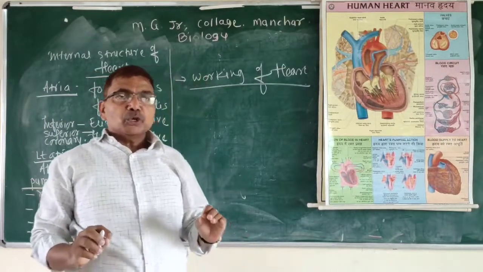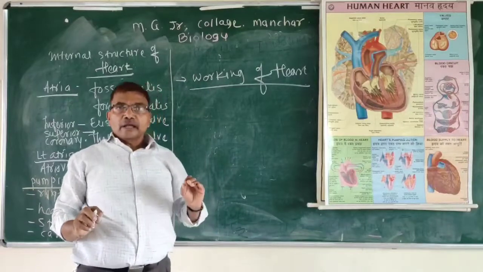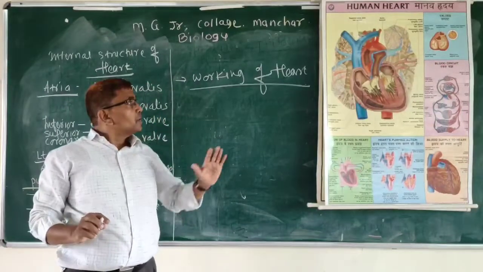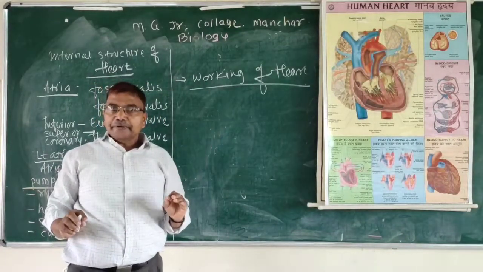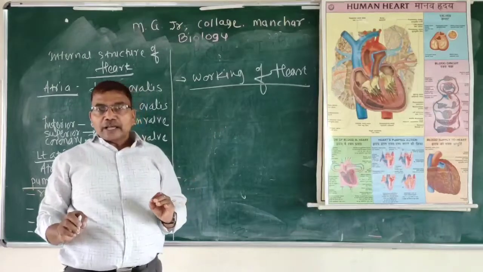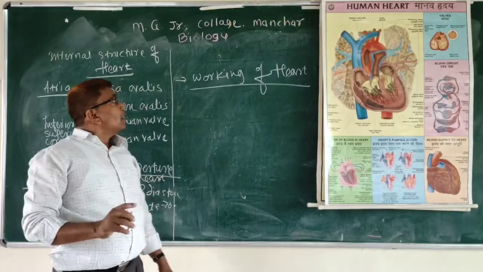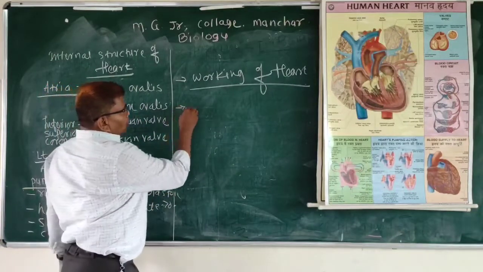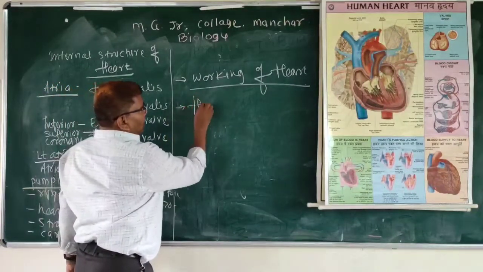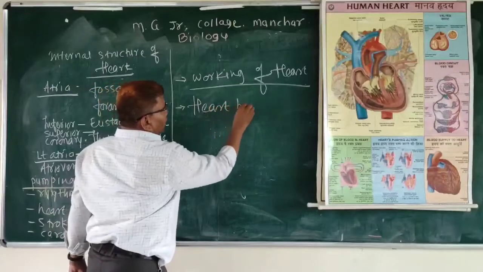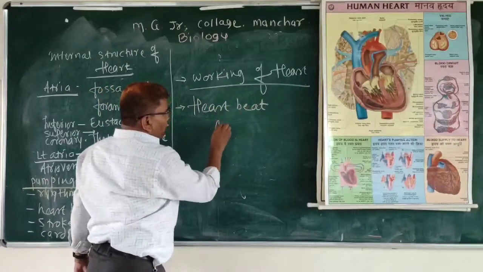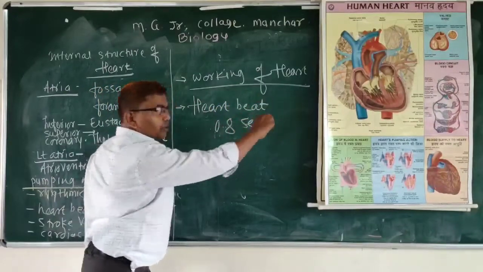One heartbeat means one contraction and one relaxation. This contraction and relaxation is also called systole and diastole. For the completion of one heartbeat, 0.8 seconds are required.